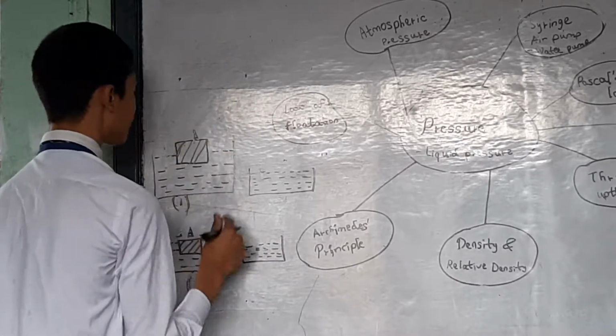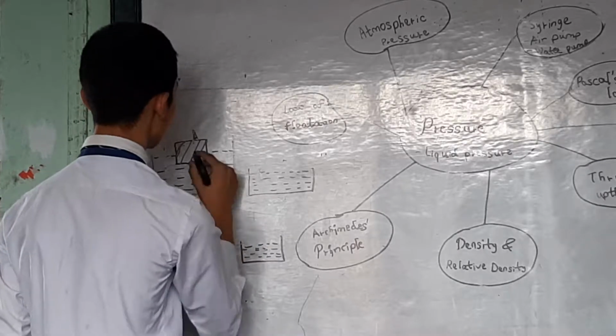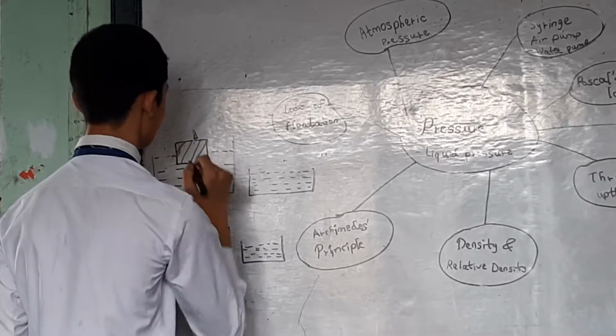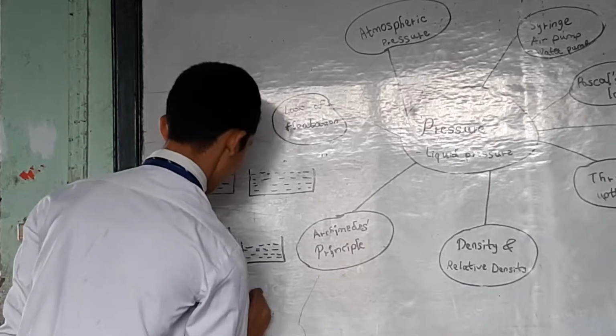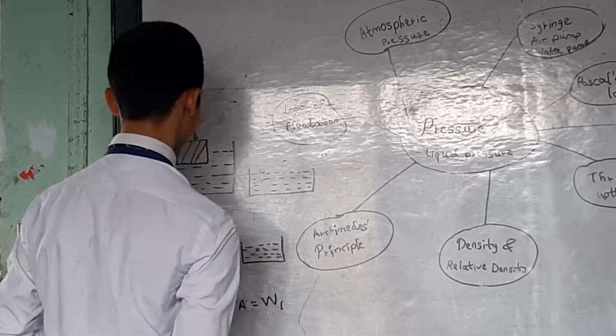Now, in both of these conditions, the weight of this liquid displaced is equal to the weight of this object. It means weight of body A is equal to weight of liquid displaced.